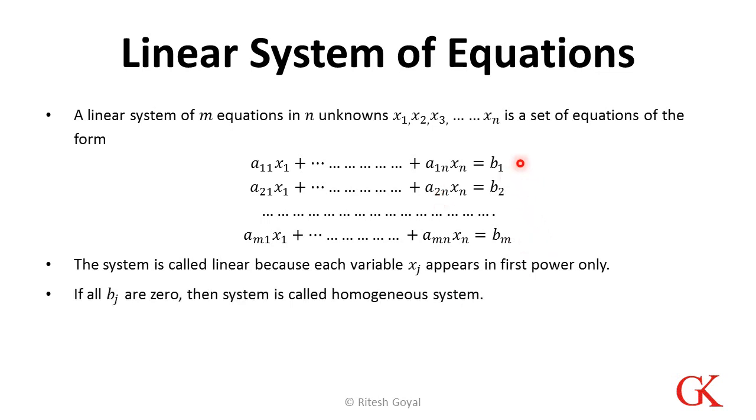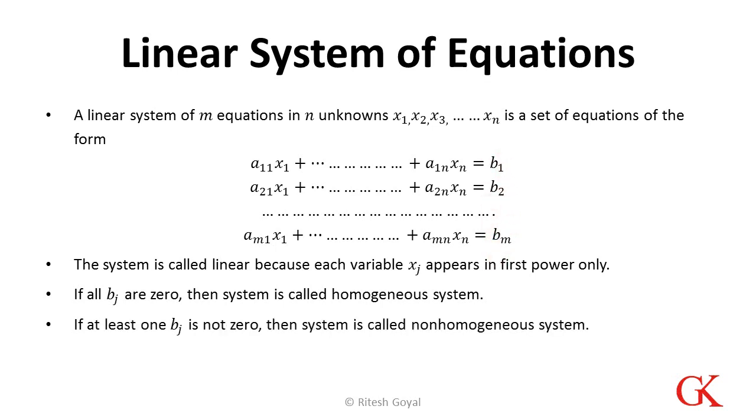If we say all our right hand side values are 0, if we say all these b are 0, then it becomes a homogeneous system. So what's the benefit or properties of a homogeneous system? We will see later. The first thing is a homogeneous system always has a trivial solution x equals to 0. Okay, how it comes we will see later. But yeah, when all these values are 0, it's a homogeneous system.